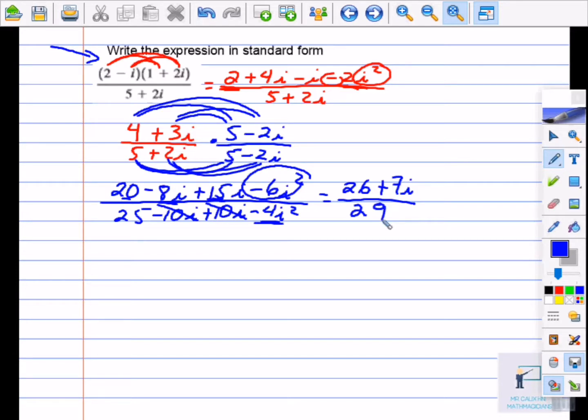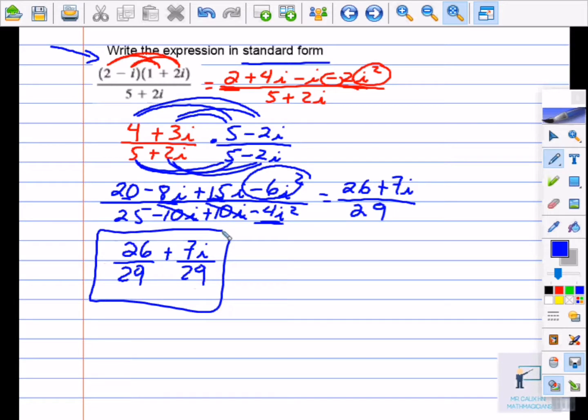With that information, you can just separate because you have to write in standard form. So you're going to have 26 over 29 plus 7i over 29. And this will be your answer. With this, we're going to continue with the next part of the video.